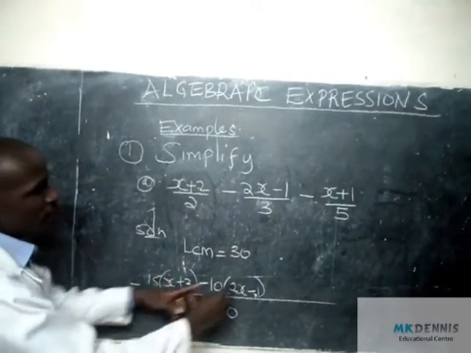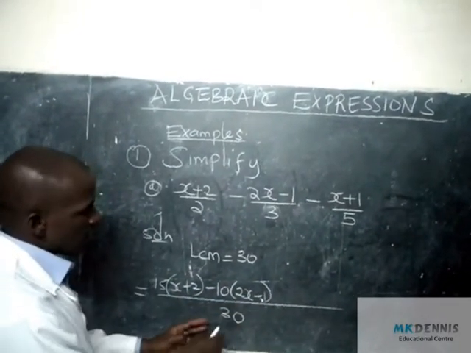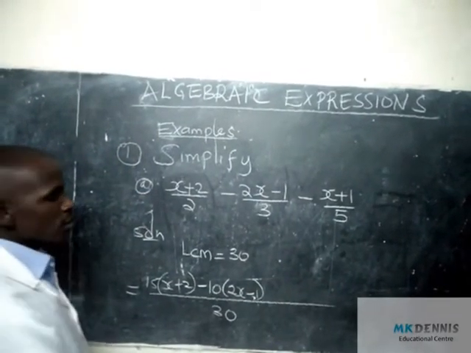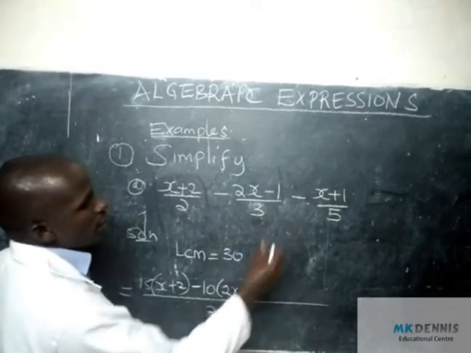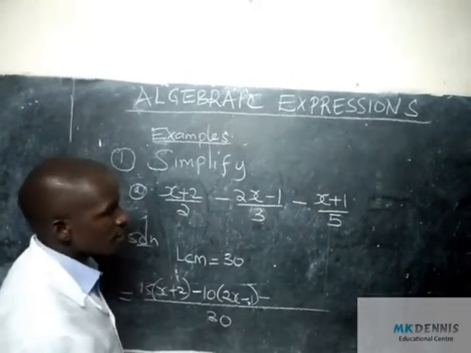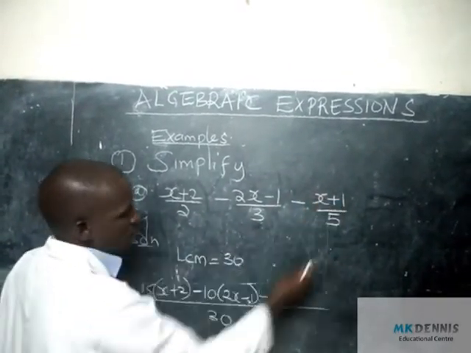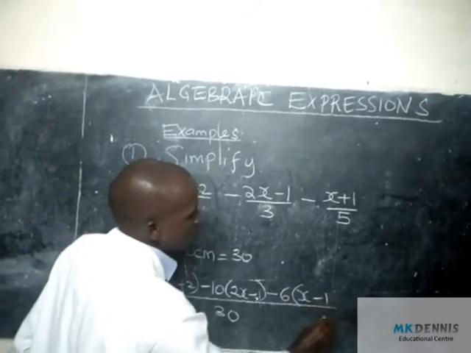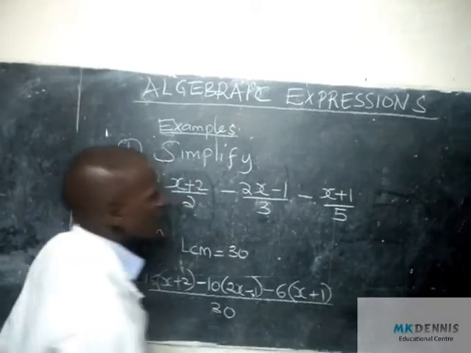Put them in brackets first. The third one is 30 divided by 5, you get 6, and this one is minus, so minus 6 times (x + 1).